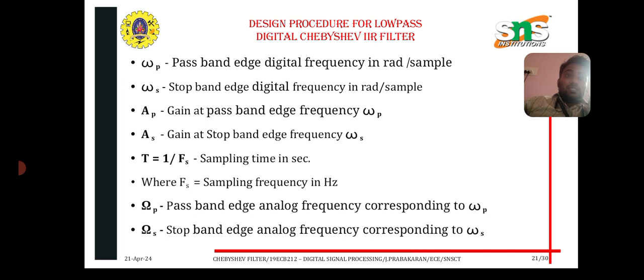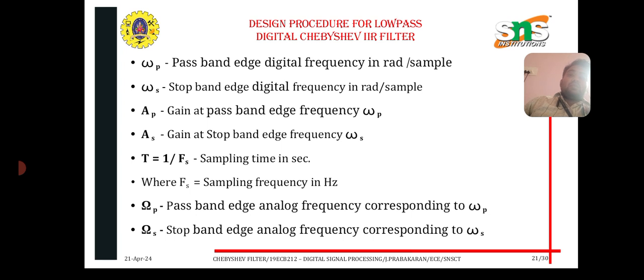This is the digital omega in radians per second, and ap and as are the attenuation at the passband frequency and the gain at the stop band frequency, and capital T represents the sampling time in seconds.